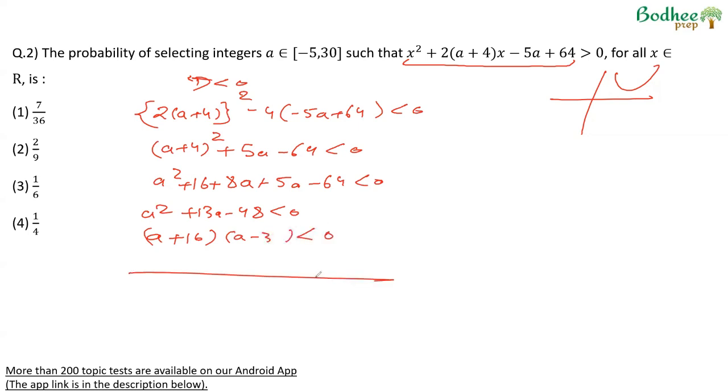So critical points will be a minus 3 equal to 0, and minus 16, positive, negative, positive. So for discriminant less than 0, a can lie between minus 16 and 3.